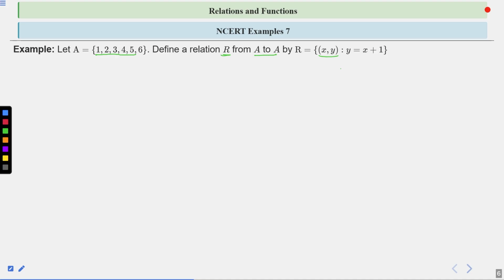I hope that you all remember what we mean by ordered pair: any pair in which order has relevance. So in this case, the collection of all ordered pairs (x, y) such that x and y are related in this manner, that y equals x plus 1. Clear?